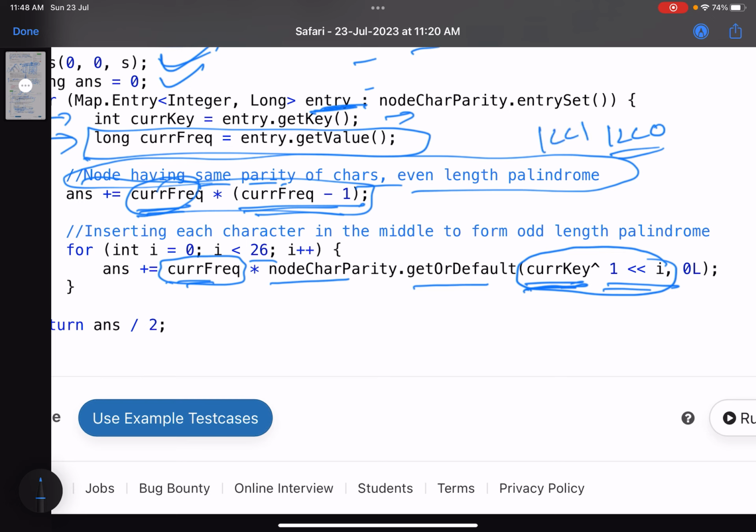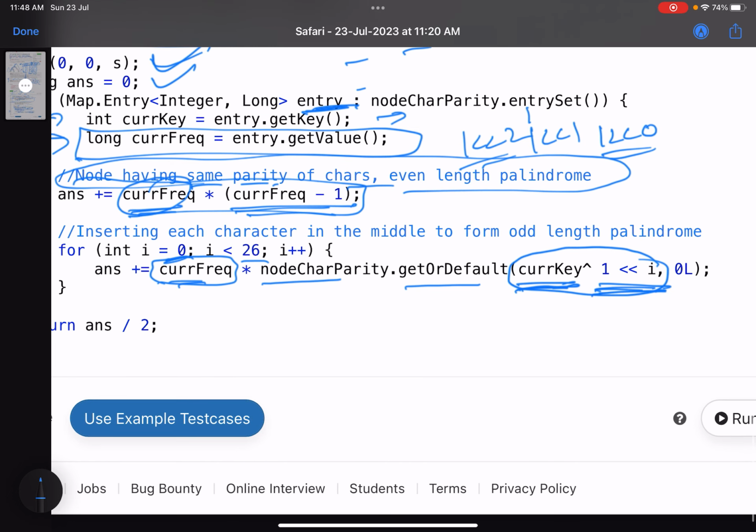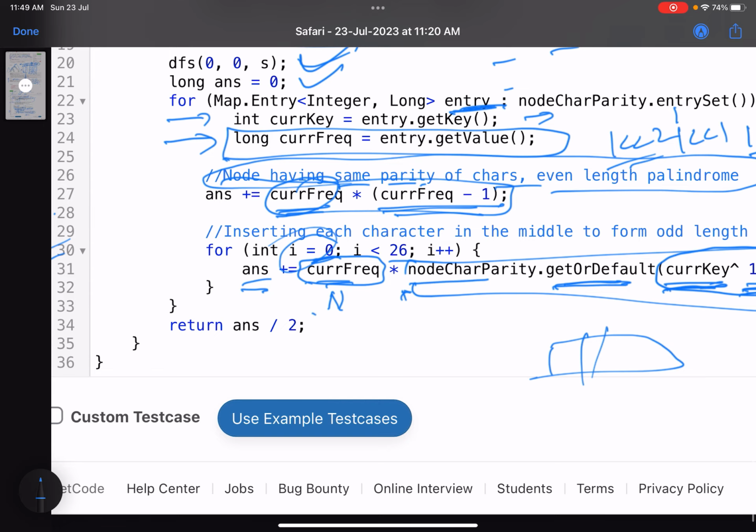Then 1 left shift 1 for B, 1 left shift 2 for C, and so on. So 1 left shift i, first for A, then B, then C, and so on. So getOrDefault, simple. These nodes have the current frequency, and those nodes have a mask where the parity only varies for the ith character. Remember, this is the odd-length palindrome that we are making. Finally, you just add that to your answer and return answer divided by 2.